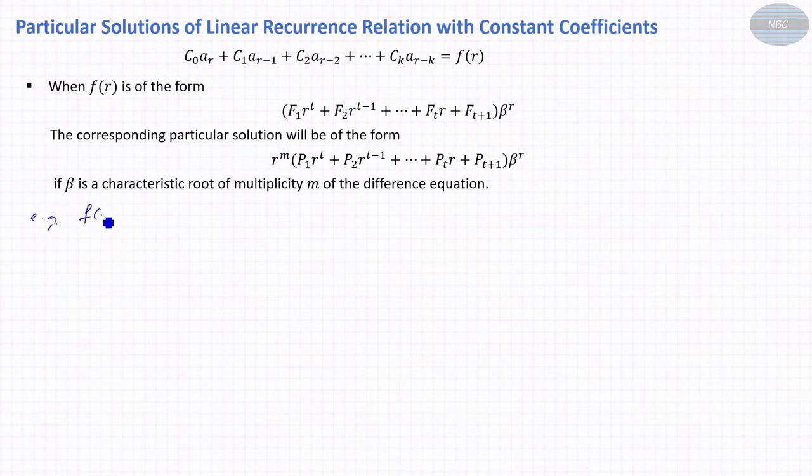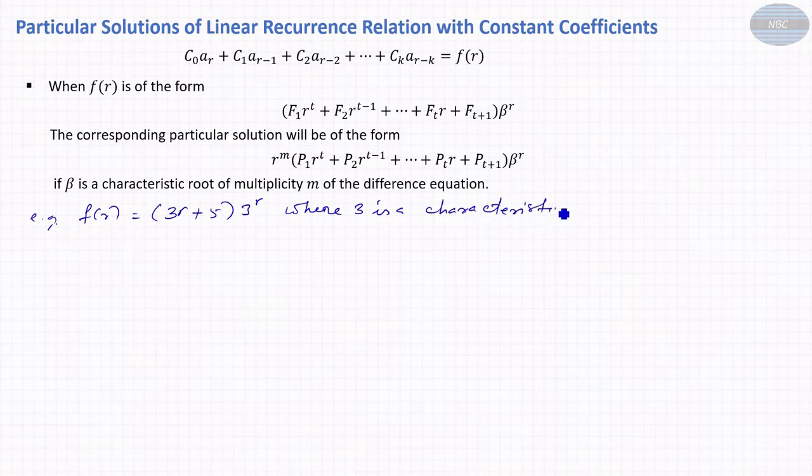Suppose f(r) is of the form (3r + 5) into 3 to the power r, where 3 is a characteristic root of multiplicity, suppose, 2.